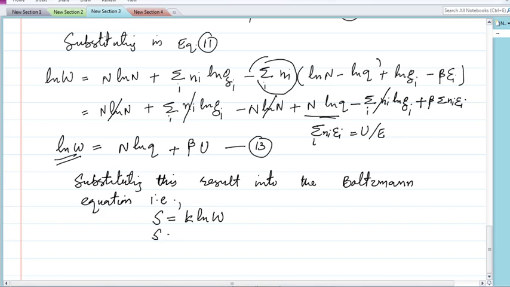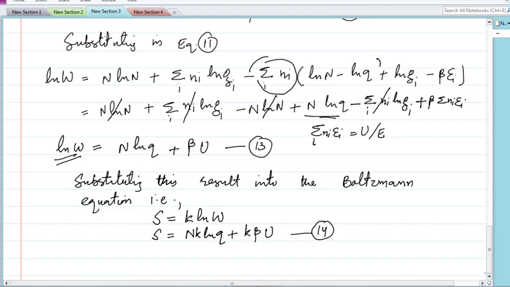So S will be equal to Nk ln Q plus k beta U. This is equation number 14. We have simply put the value of ln W here as N ln Q plus beta U.